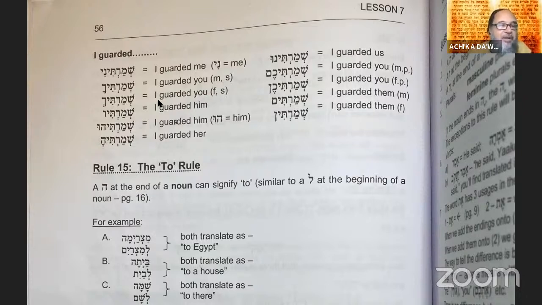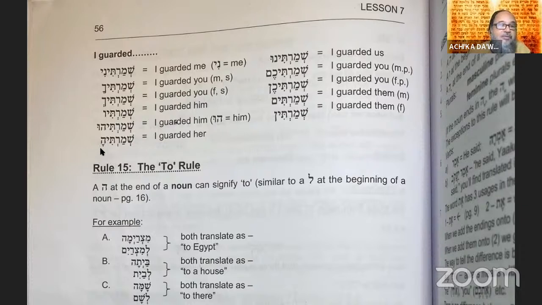But you just say shamartwe, shamartwe, meaning I guarded him. Shamartehu, shamartehu, okay? So the tehu is I guarded him. Again, that's the other way that they say it. And of course, it is shamarteha. So shamarti, shamartini, shamartika, shamartik, shamartwe, shamartehu, shamarteha.